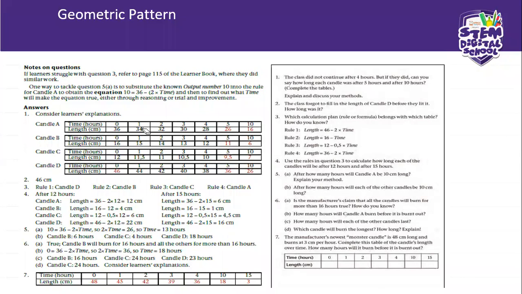Now I want to think how I can create a rule that would work for each and every position. I thought to myself, look, 0 plus 36 is 36. Remember that we want a rule, right?